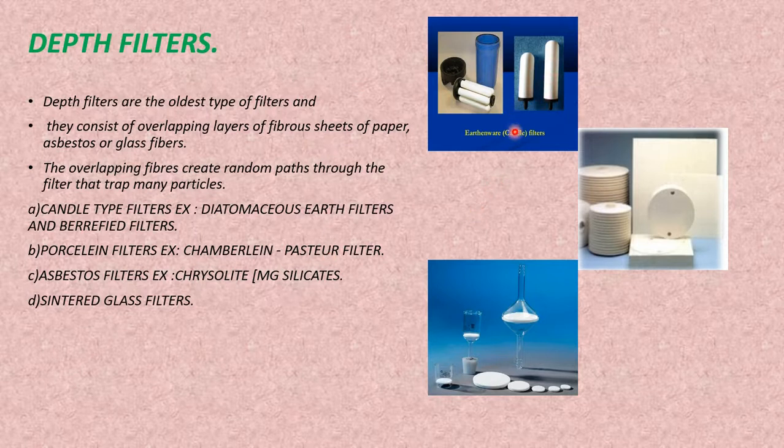Porcelain filters are mainly composed of oxides of silicon, aluminium, potassium and sodium with traces of oxides of ions like calcium and magnesium. The mixture of all these things is commonly called porcelain. So that's why these filters were named porcelain filters.